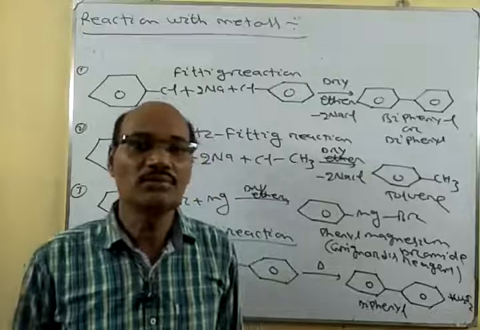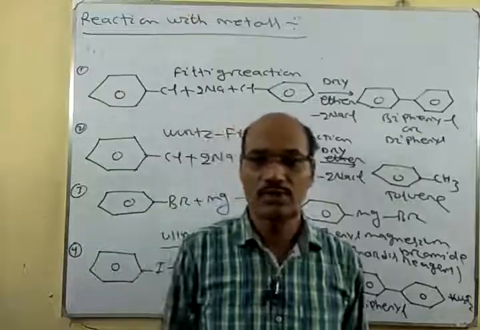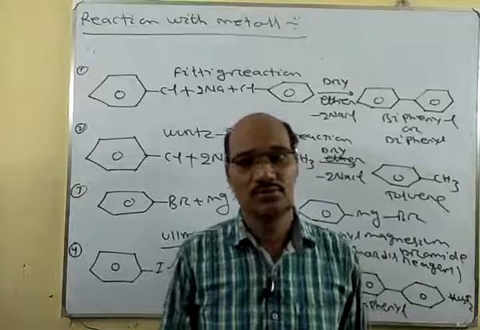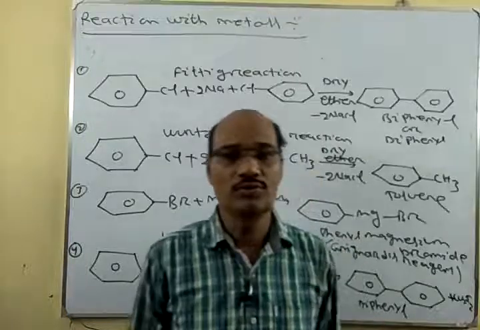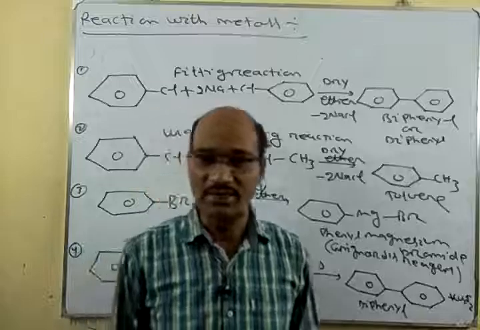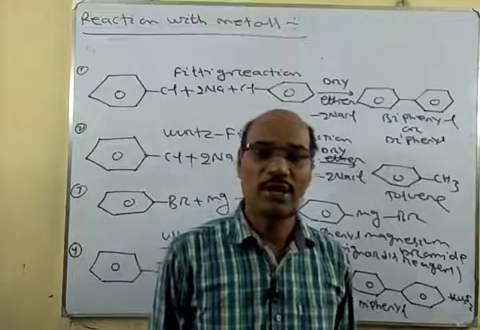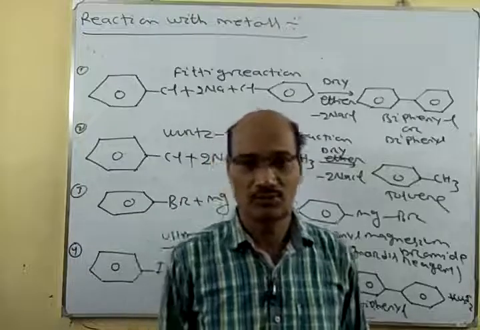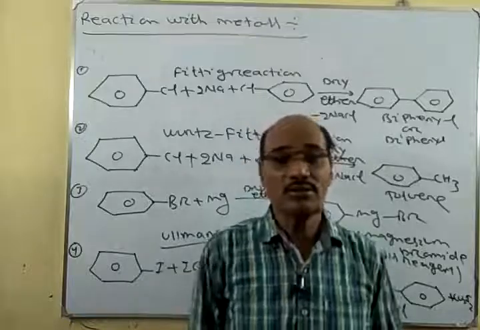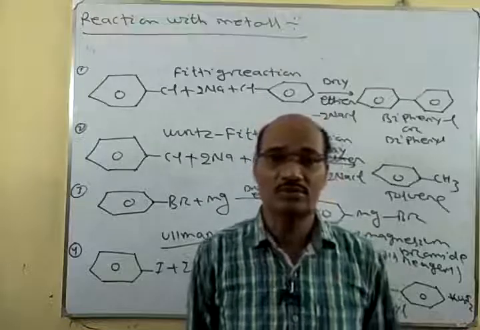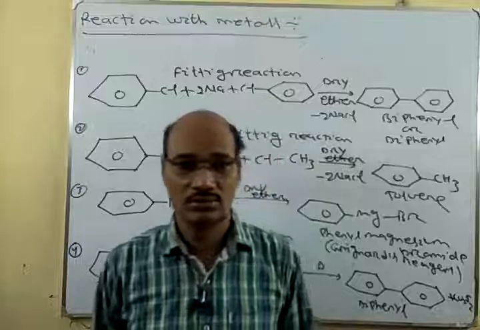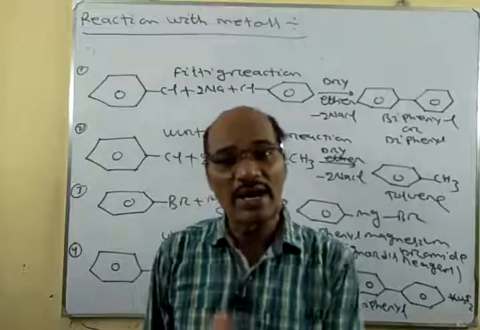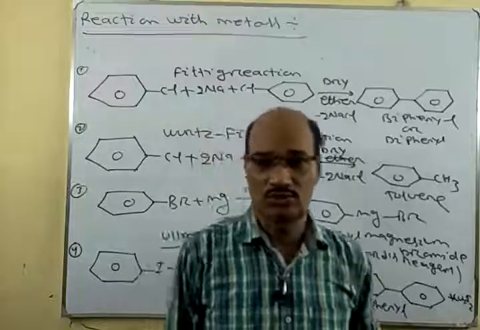Now action with the metals. Like haloalkanes, haloarenes also react with active metals like sodium and magnesium in the same manner. Like haloalkanes react with sodium metal in dry ether to give alkane, called the Wurtz reaction.